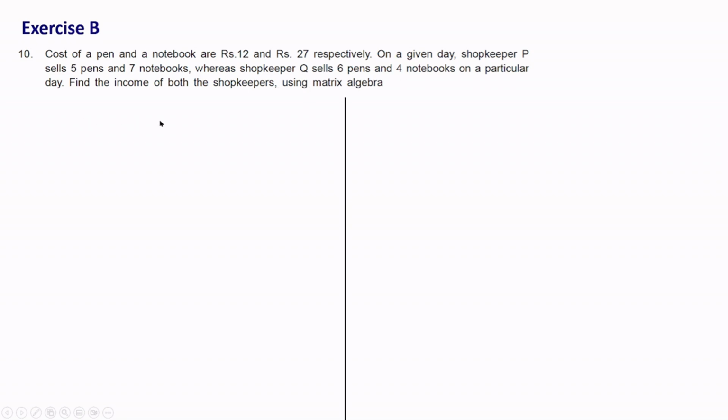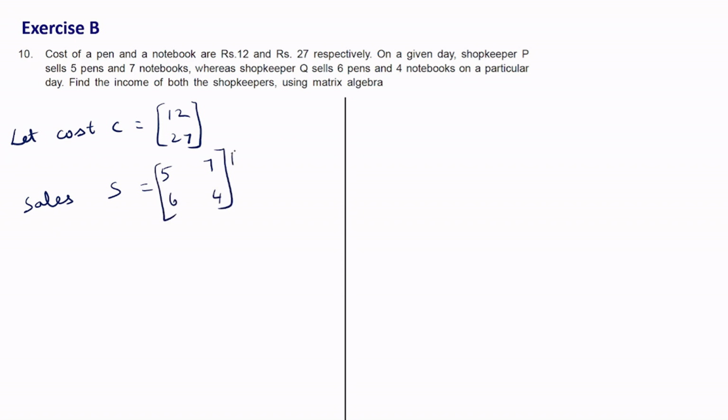We need to find the income of both the shopkeepers using matrix algebra. So let cost be the matrix C, which is 12 and 27. And then let us take the matrix for sales as S. So P sells 5 pens, 7 notebooks, Q sells 6 pens, 4 notebooks. So this is P and this is Q.